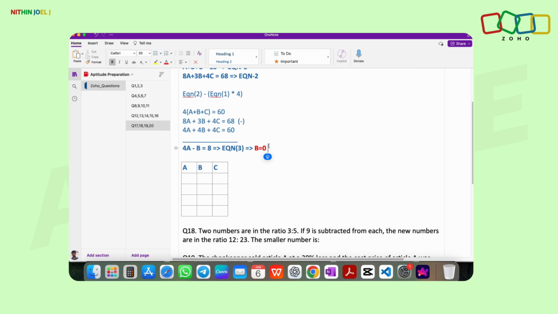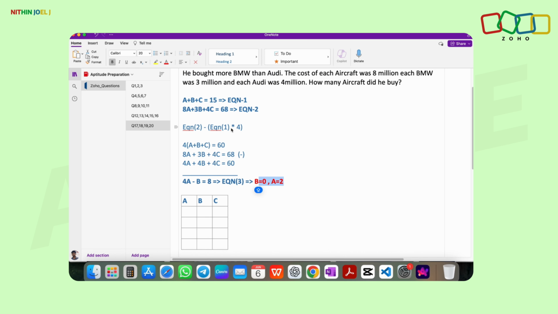If B is 0, then A should be 2. Then substitute these values in equation 1. If B is 0 and A is 2, then C should be 13.